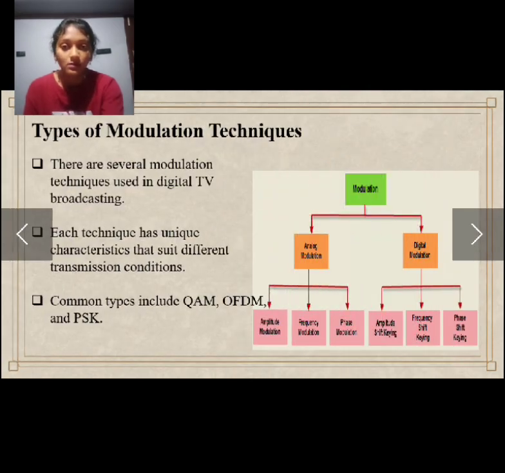The next is the types of modulation techniques. There are several modulation techniques used in digital TV broadcasting. Each technique has unique characteristics suited to different transmission conditions. Common types include QAM, OFDM and PSK.